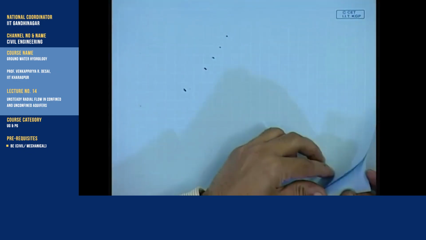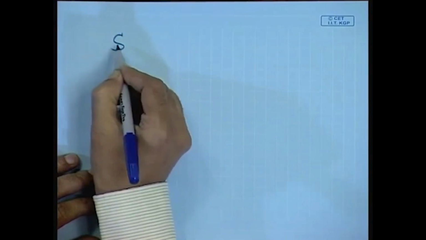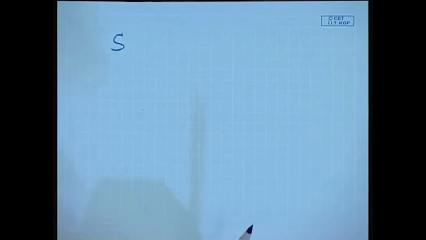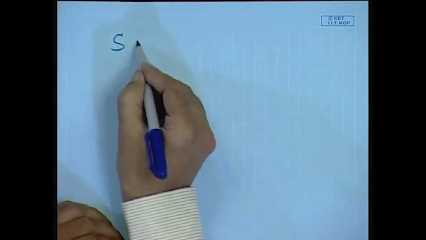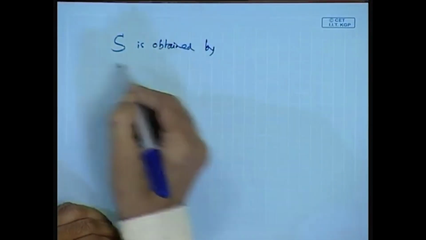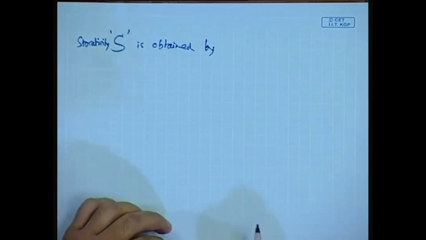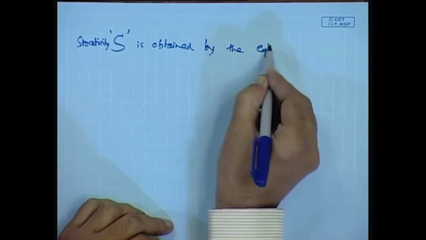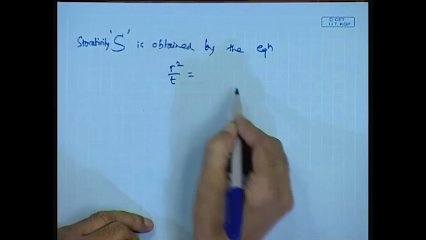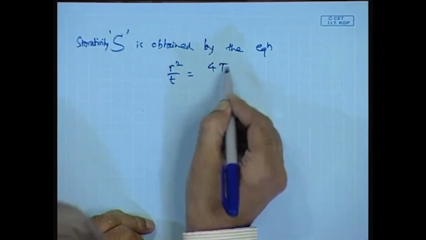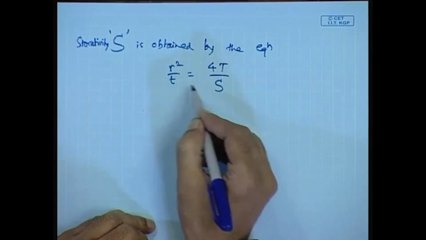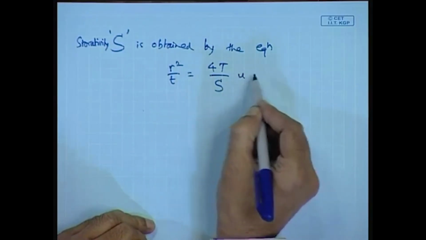And then next, the storativity S is obtained by the equation, that is r square by T is equal to 4T by S, that is the well function equation.